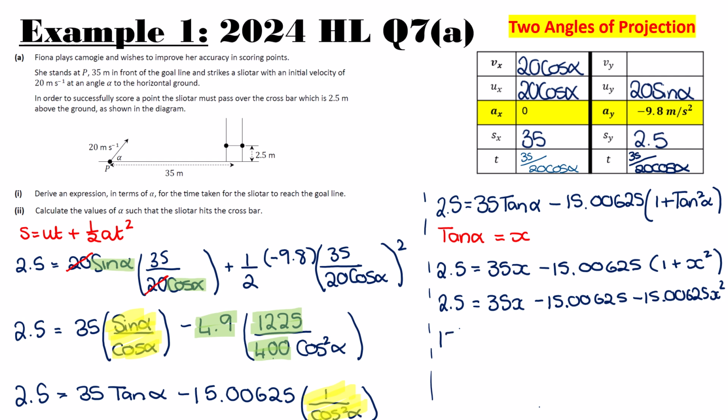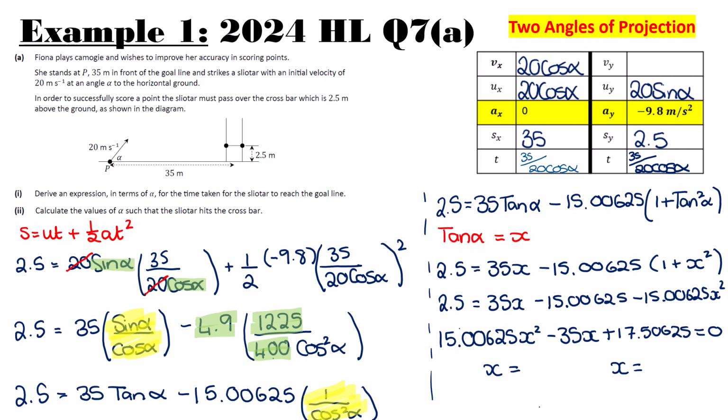Bringing everything to one side, 15.00625x squared minus 35x, and then that's going to be plus 17.50625 equals 0. And then we go to minus b. So we're going to get our two values of x.